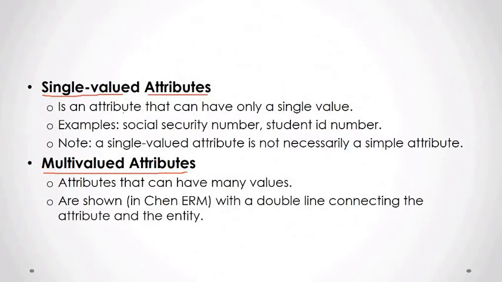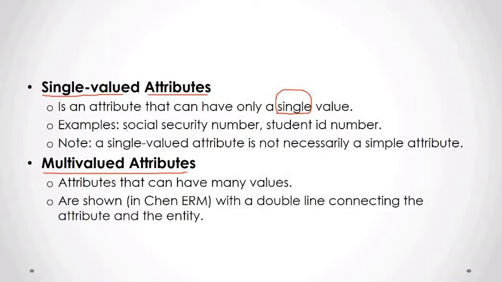The difference is a single valued attribute is an attribute that can have only a single value. So it will never happen that it will have multiple values.